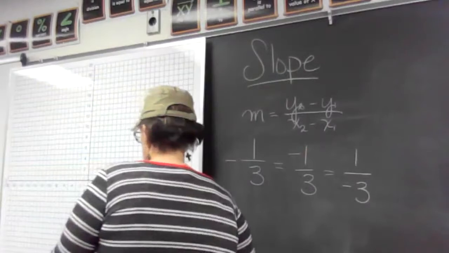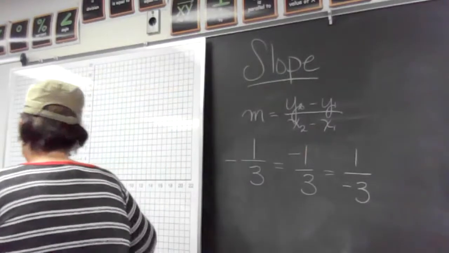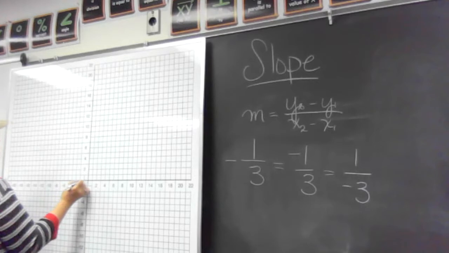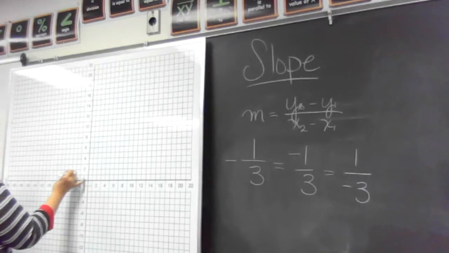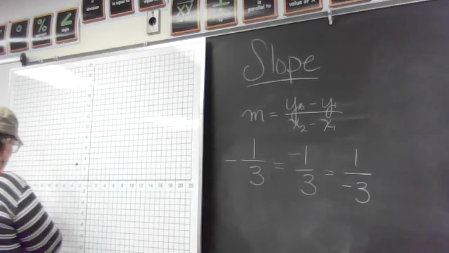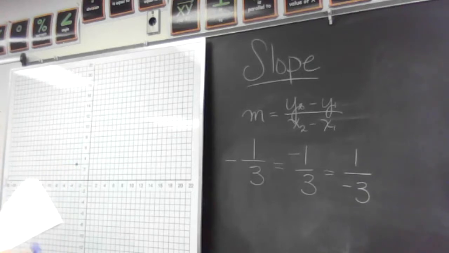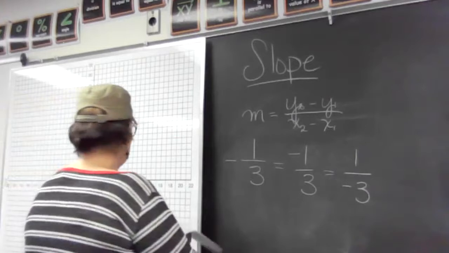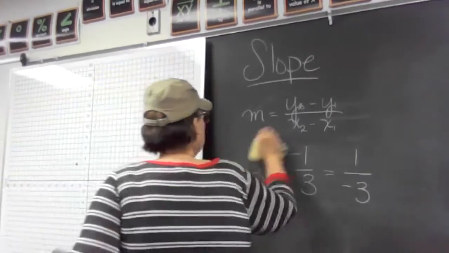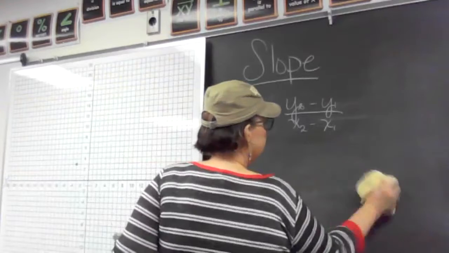So negative 3, 1, 2, 3, 1, 2, 3. Here's the point that they give us. And they said that we're going to be using a negative slope this time.